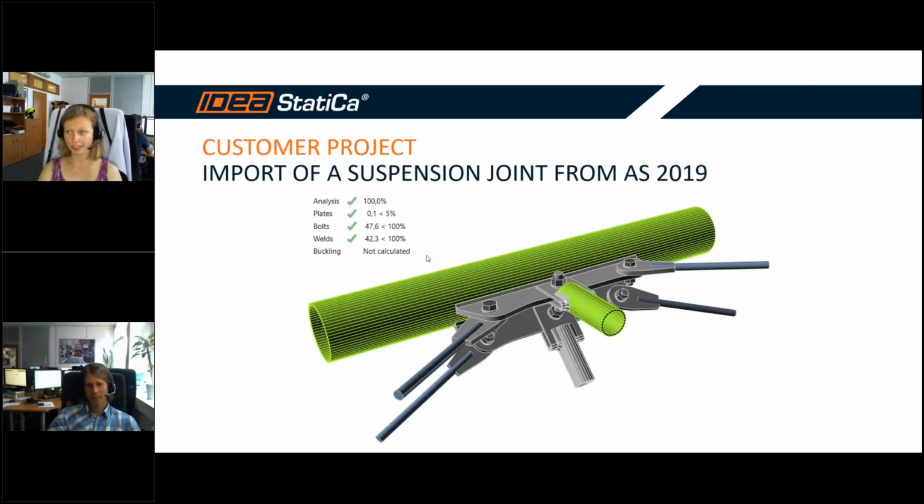So what we'll see today is an interesting customer project. Today we will import a suspension joint from Advanced Steel. So you will see how the BIM link between Advanced Steel 2019 and IDEA StatiCa Connection works. And this will be Adam's part of the webinar.